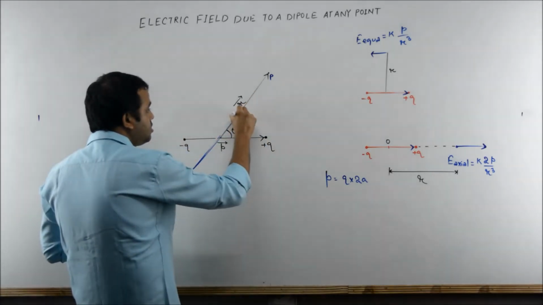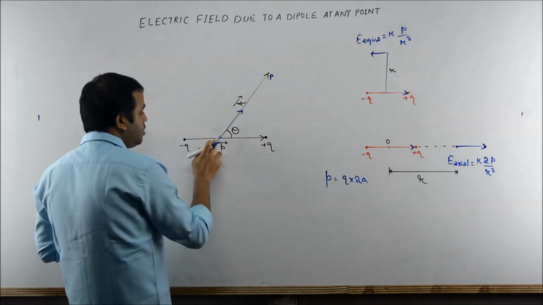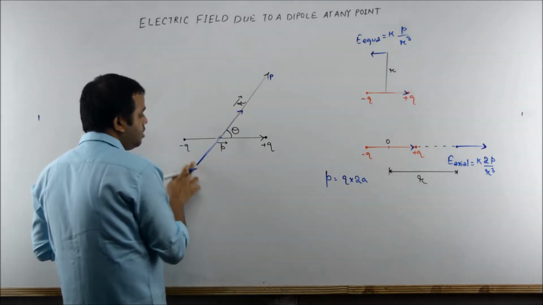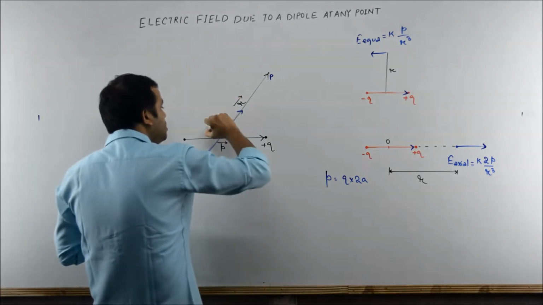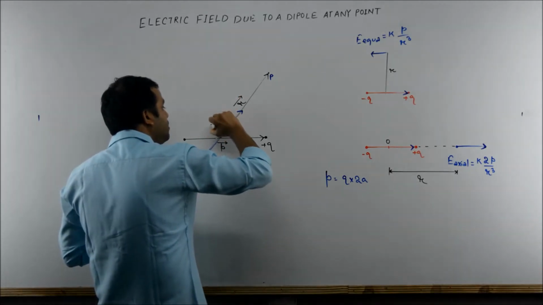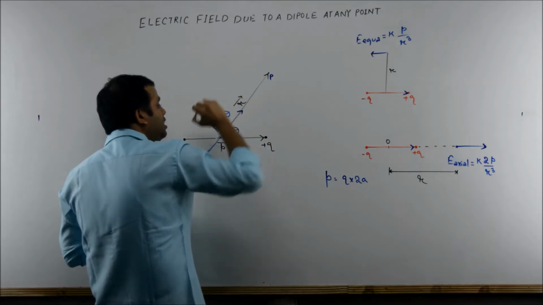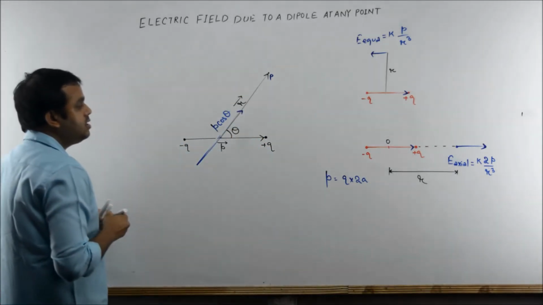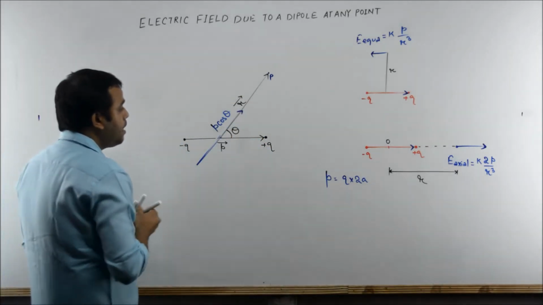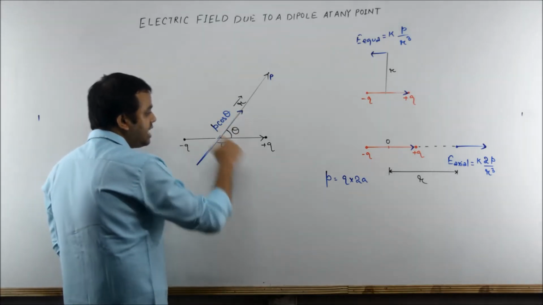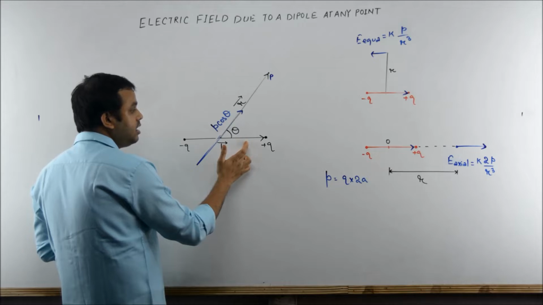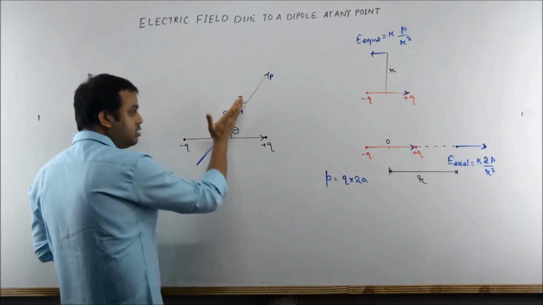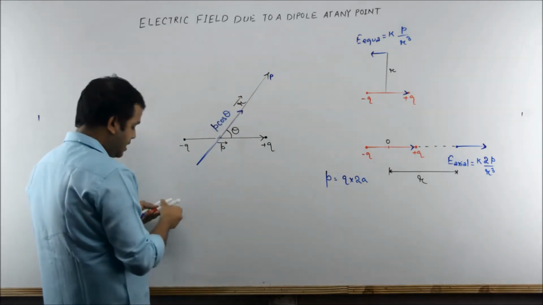So this is the vector which has a dipole moment of P cos theta. Clear, students? And perpendicular to this direction, obviously if you break this vector into two components, then one of the components will be P cos theta, another one will be P sin theta.